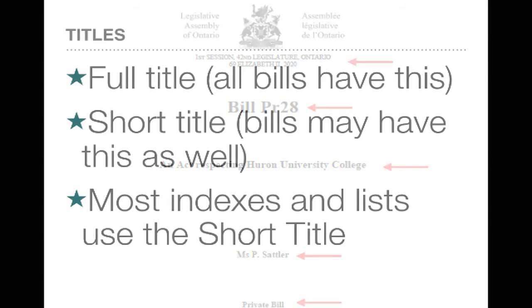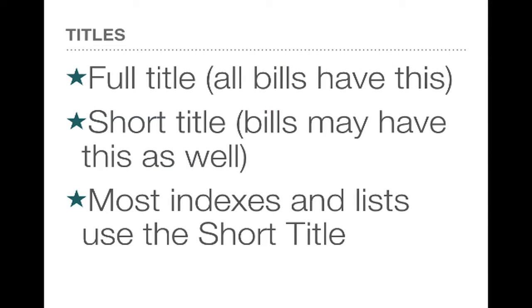Now, all bills are numbered, and we've just looked at the different types of numbering, but bills are also distinguished by a title. And frequently there are two titles, a formal, full one appearing on the cover. All bills have a full title, and also a short title expressed in the text of the bill. Most indexes and lists use the short title, and when the news media cover a bill, they usually use the short title as well.